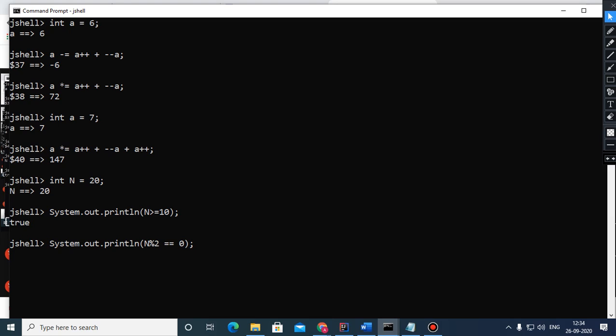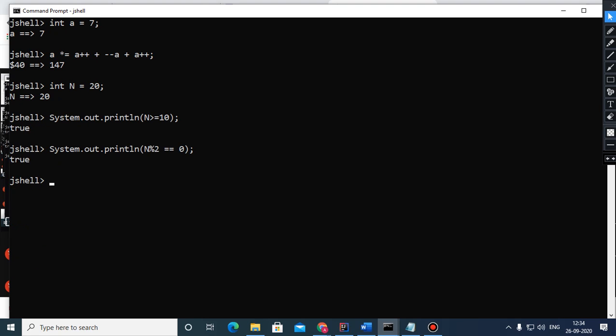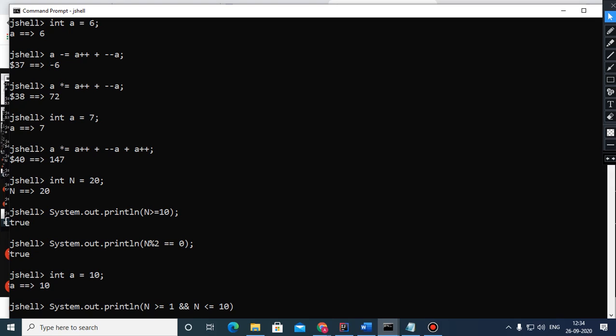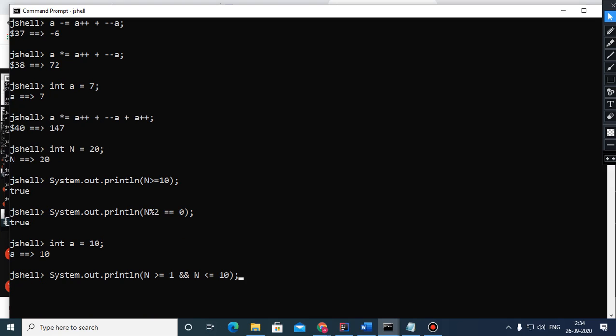So children, if any confusion, then please tell. Suppose here the value of A is 10, and if I am writing n is greater than or equals to 1 and n is less than or equals to 10, what is the output here?